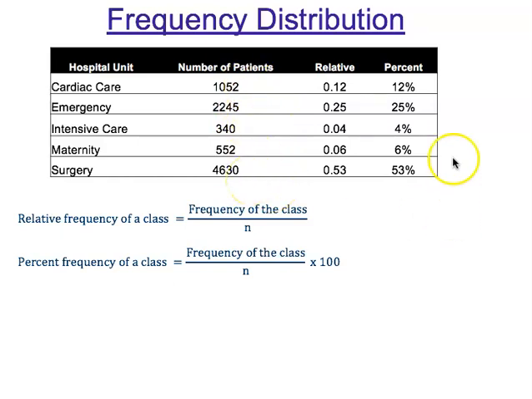But it's up to the presenter, and this is one way to do it. Now, to get from the relative frequency of each class to the percent frequency, you just multiply by 100. So 0.12 times 100, move the decimal place 2 to the right, gives you 12%.